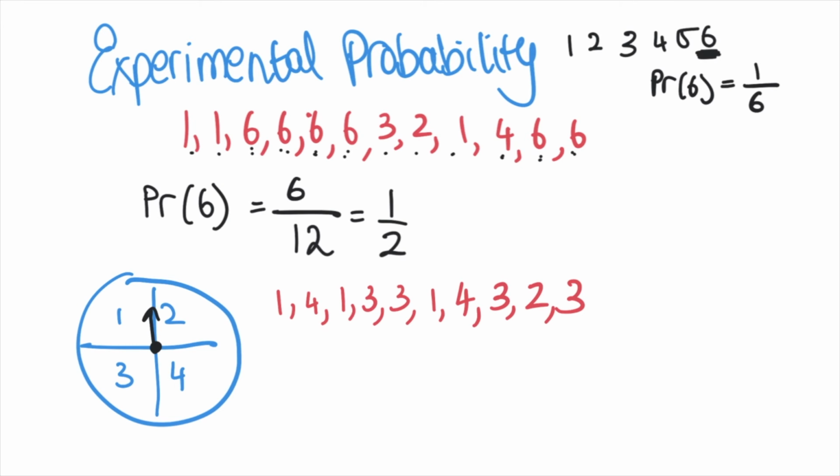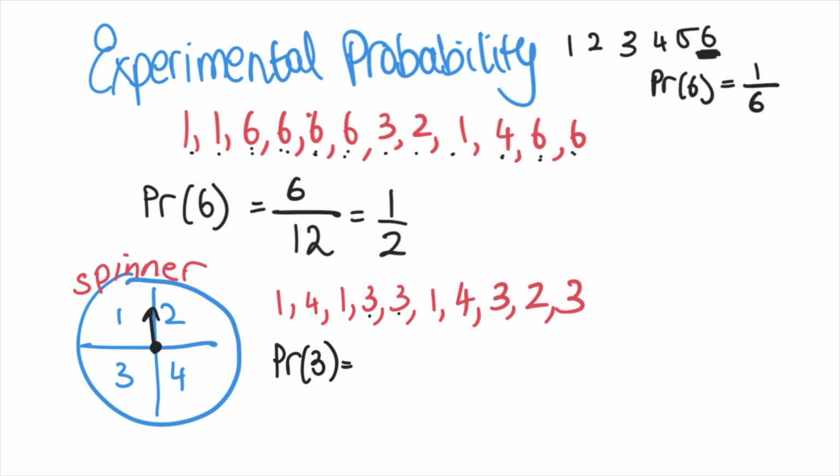So let's have a look at another one here. We have done an experiment of spinning this spinner. There's only 4 numbers, so technically, theoretically, the probability of getting any number is a quarter, right? Let's see what actually happened here. So let's look at the experimental probability of getting a 3.